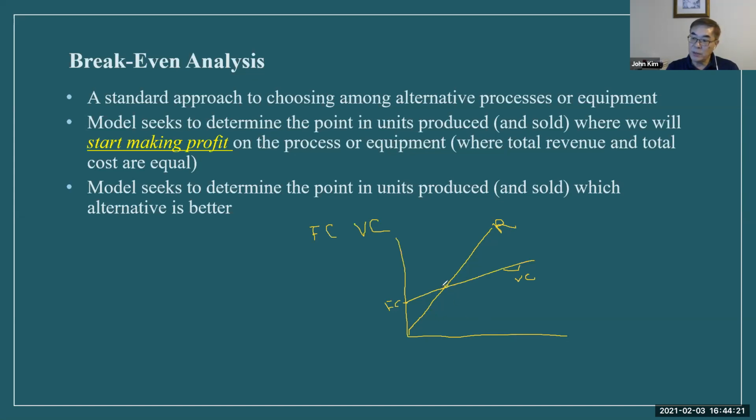So this point is the break-even point, or break-even demand. Up to this point, this area is the price minus variable cost.